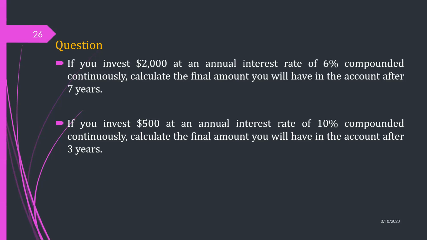And the second question: if you invest $500 at an annual interest rate of 10% compounded continuously, calculate the final amount you will have in the account after 3 years. Firstly, we will do the first question.